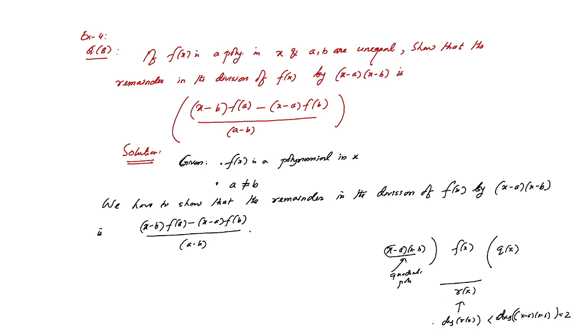So that means r(x) is of the form Ax plus B, because the degree of r(x) is either 0 or 1. So by division algorithm, let the remainder be Ax plus B and the quotient be q(x).